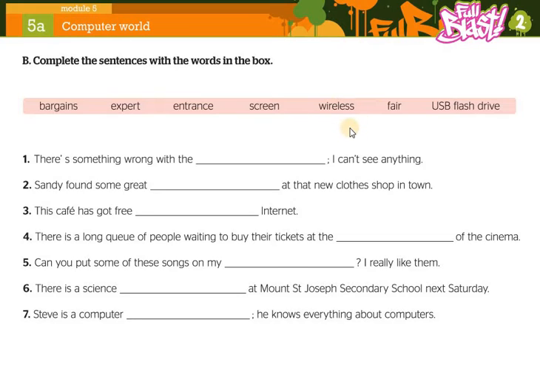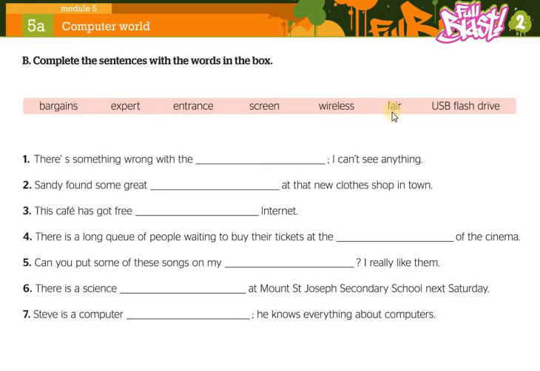Wireless simply means certain devices that have a line, and they work without that line. So we call them wireless devices, for example, AirPods, things that work with certain new techniques.